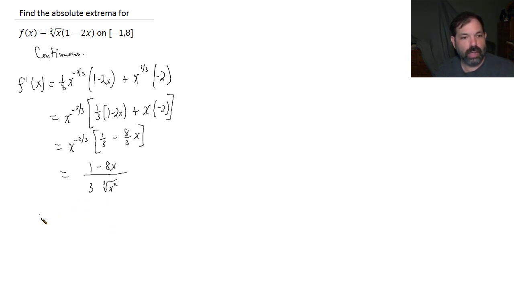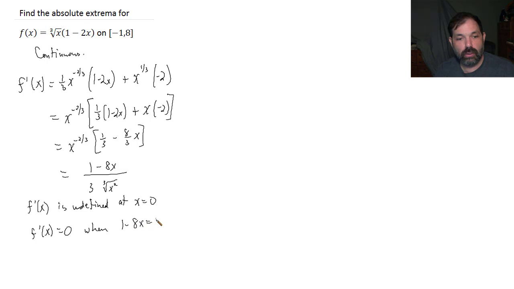Notice that f prime of x is undefined at x equals 0, because that would give us a 0 in the denominator. And f prime of x equals 0 when 1 minus 8x equals 0, which implies that x is 1/8.